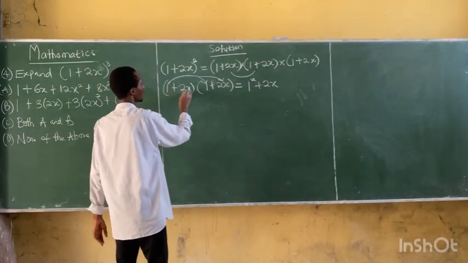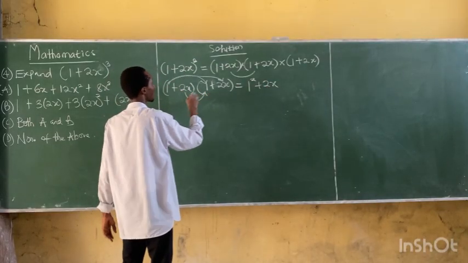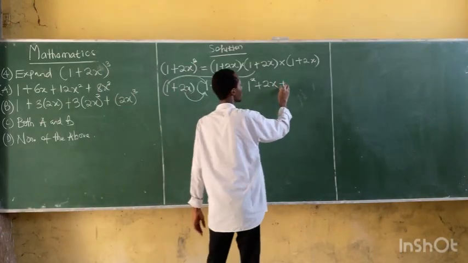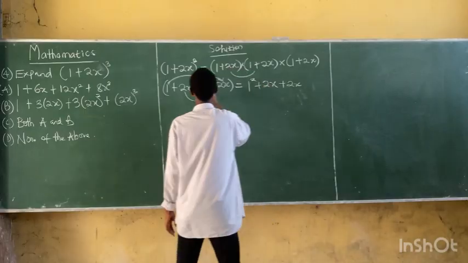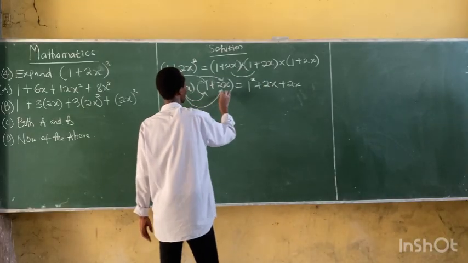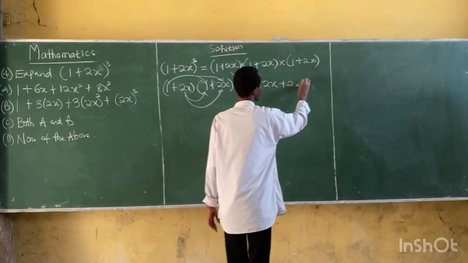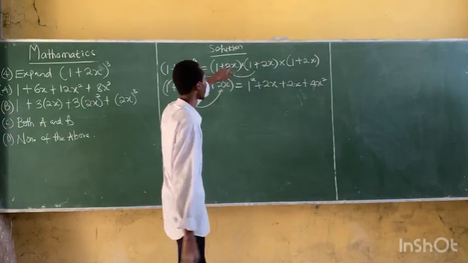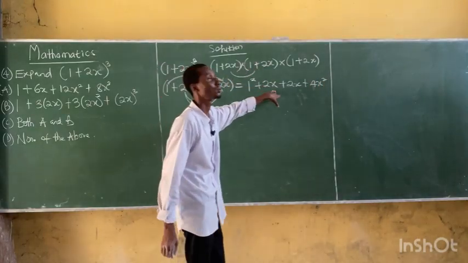We are done with 1. 2x here will multiply everything in this other bracket. We have 2x times 1. It gives us plus 2x. And we have 2x times 2x. This will give us 4x squared. So if we expand these 2 brackets, this is what we have.